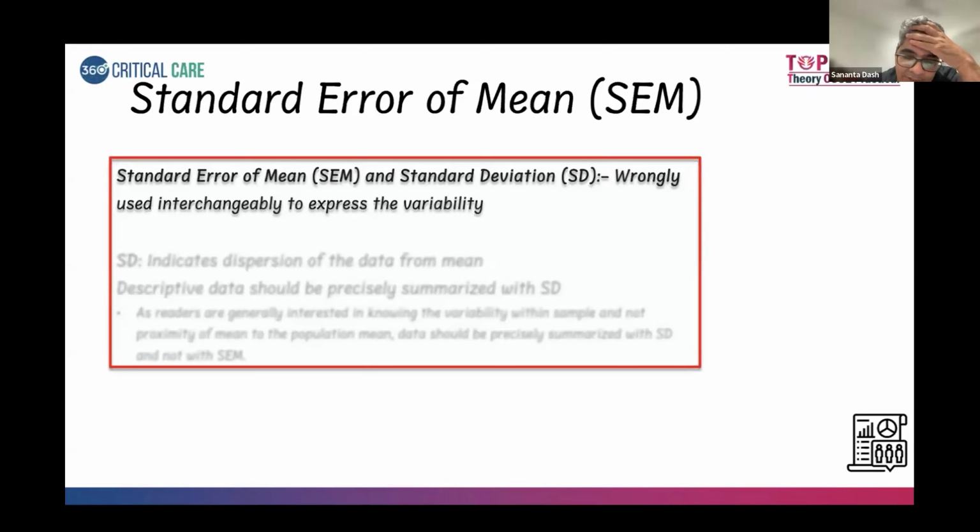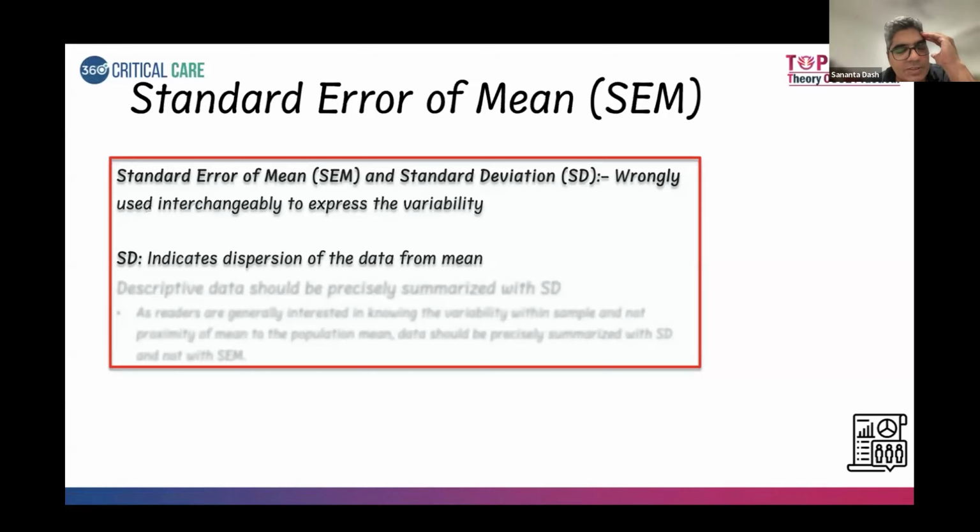It is an easier way to calculate how dispersed the data is, but it is not the same as the standard deviation. Standard error of mean and standard deviation are wrongly used interchangeably in research, which is an error in representation of the data. Standard deviation indicates the dispersion of the whole population data from the population mean.